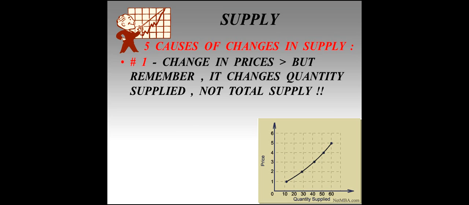But we'll get to that in a moment as to what type of conditions could change total supply to a market. But going back to our first cause here, a change in price will only affect a change in quantity supplied, not the total supply to the market.